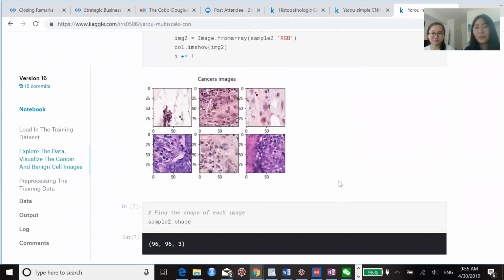Then we will have a look at the cancer images, also a random sample. We can find out it's very difficult for normal people to find these cancer cells among these benign cells. That's why we need to teach the computer to detect them for us.